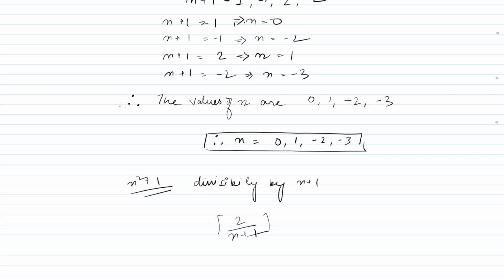And we have assumed that it's an integer, because if it's not an integer, then it's not completely divisible by n plus 1. So to prove that, we have considered this to be an integer. From there, since it's an integer, n plus 1 must divide 2. According to that idea, we have found out that n can be either of the following values.